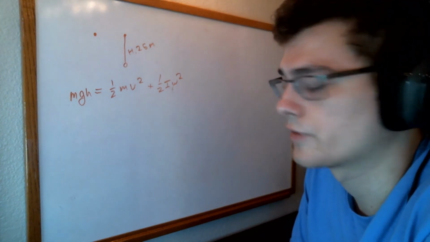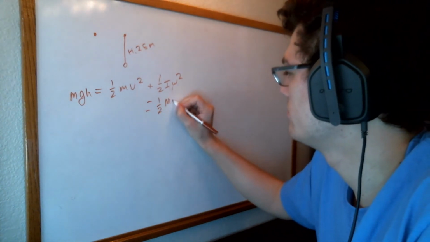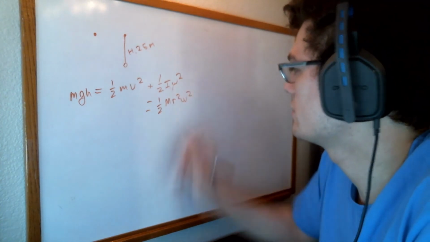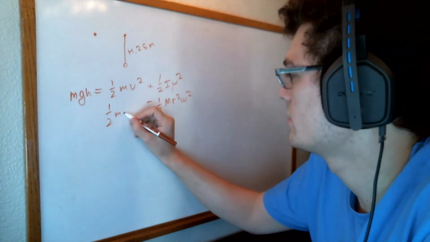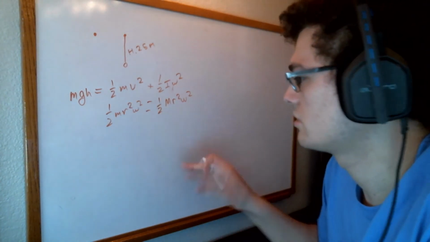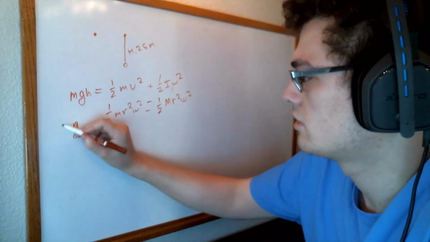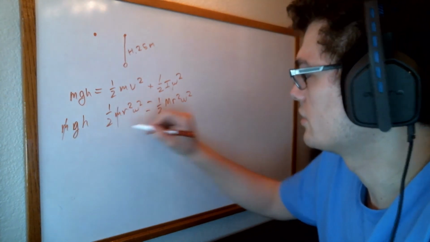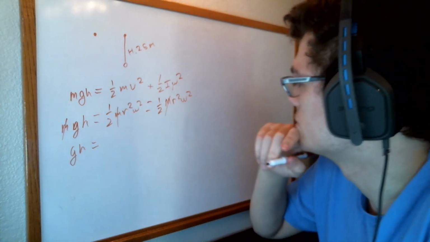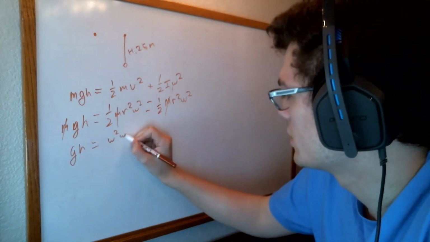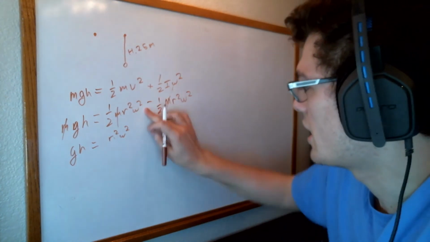We know what I is from the first question. So we'll have that this is equal to 1/2 m r squared omega squared. And we know what v is, and we can see that our m's are going to cancel. So on this side, we have mgh over here. Cancel those. And we're going to have gh equal to r squared omega squared by just adding these up.